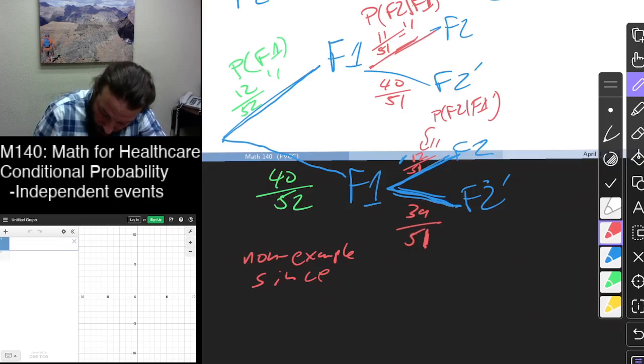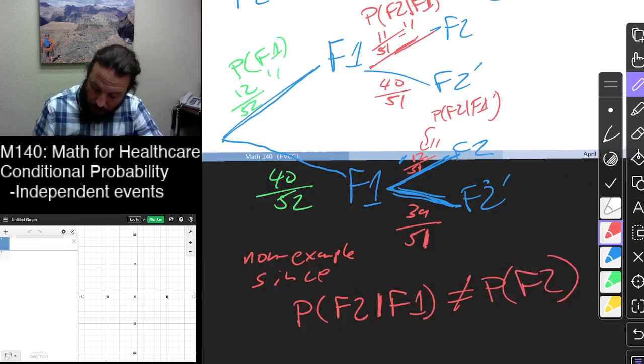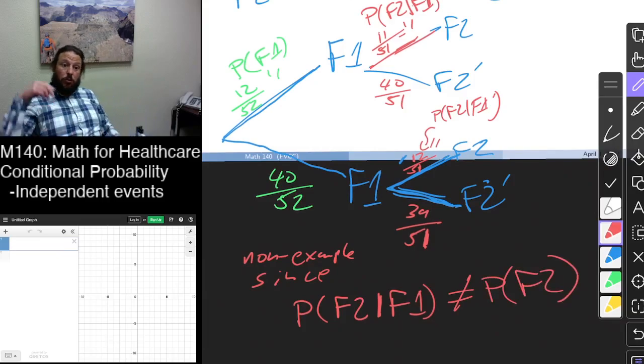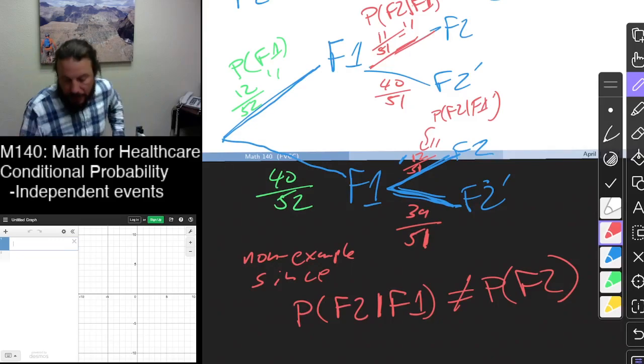It's because the probability that we get a face card second, given that we got a face card first, is not equal to the probability that we get a face card second, which, by the way, is going to be 12 out of 52. So they're not the same.